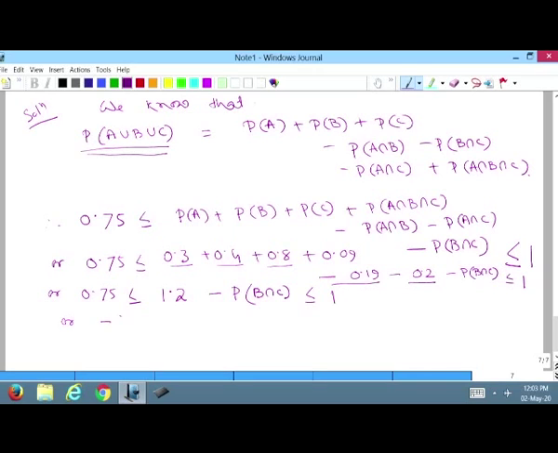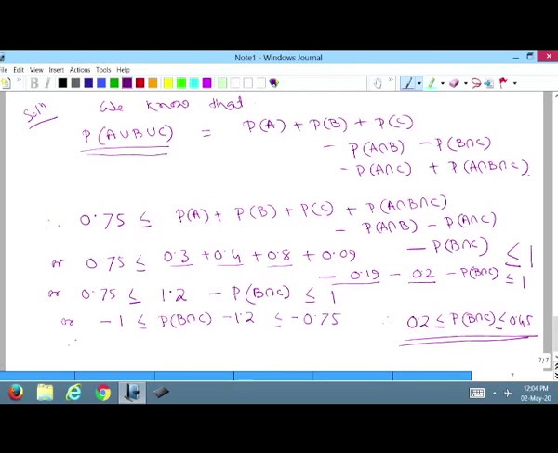Or, -1 is less than or equal to probability of B intersection C minus 1.2, less than or equal to -0.75. Therefore, 0.2 is less than or equal to probability of B intersection C, less than or equal to 0.45.